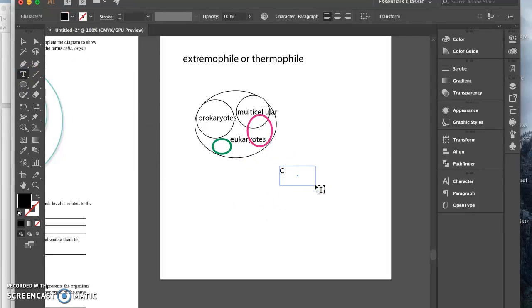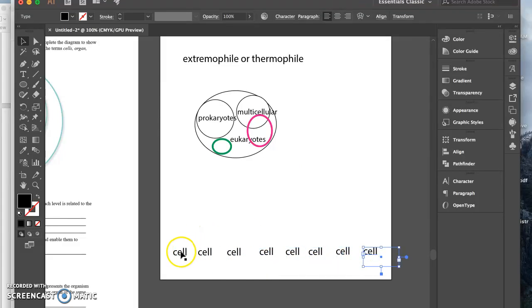So we're going to say that the basic unit of life is the cell. So our body is made out of lots and lots of cells. If these two cells come together and they're similar and they have the same job, we call them a tissue.